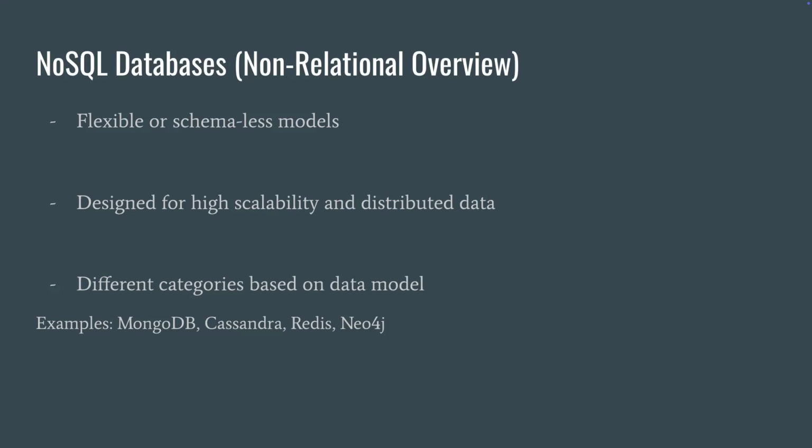Some popular NoSQL systems include MongoDB, known for its document storage, and Cassandra, which is a column family database. Redis is a famous key value database, and Neo4j is a well-known graph database. Let's look at each of these categories in more detail in the next slide.